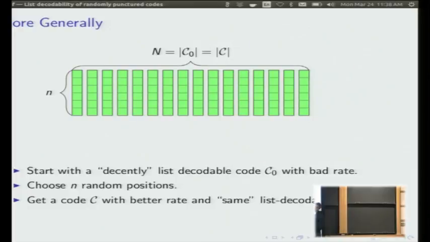So the distance of my new code is like 1 minus k over little n, and before it was 1 minus k over big N, or n naught. So the distance of the code has actually changed. It changes because it was very close to 1 here. What you were talking about is some constant distance. Here it's so close to 1 that it doesn't.